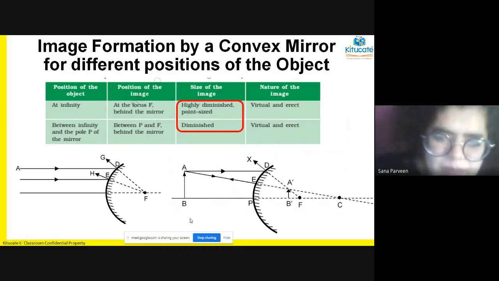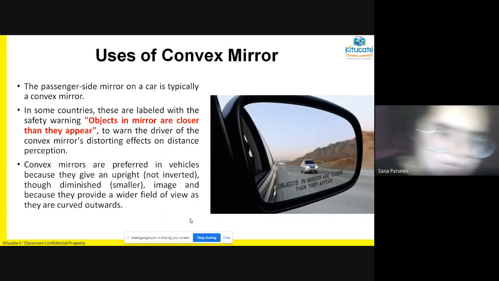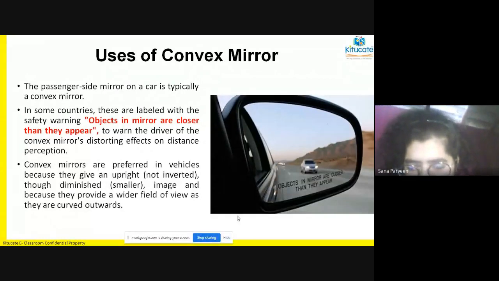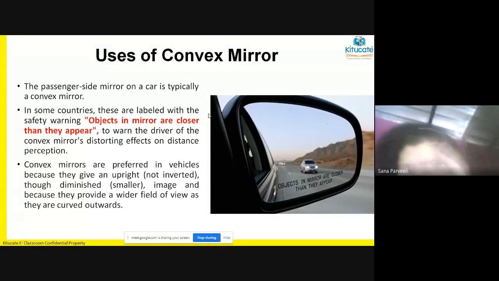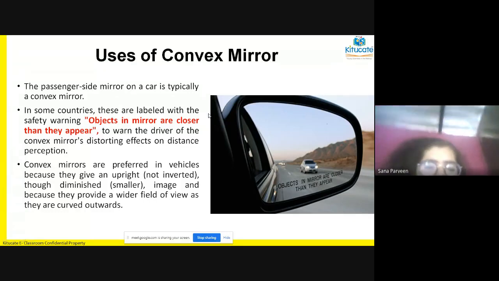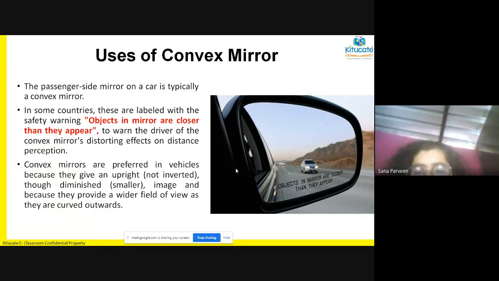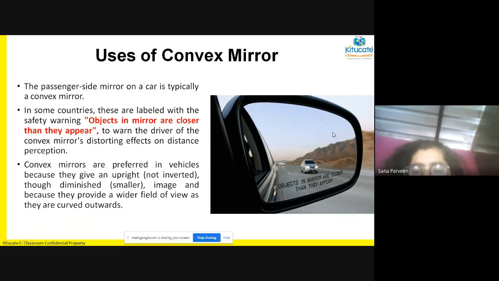Uses. The most interesting part of convex mirror is the uses. It is used in vehicles, in automobiles, and on the mirror it is written, objects in mirror are closer than they appear. So actually the car which you see in the side mirror appears to be very small.